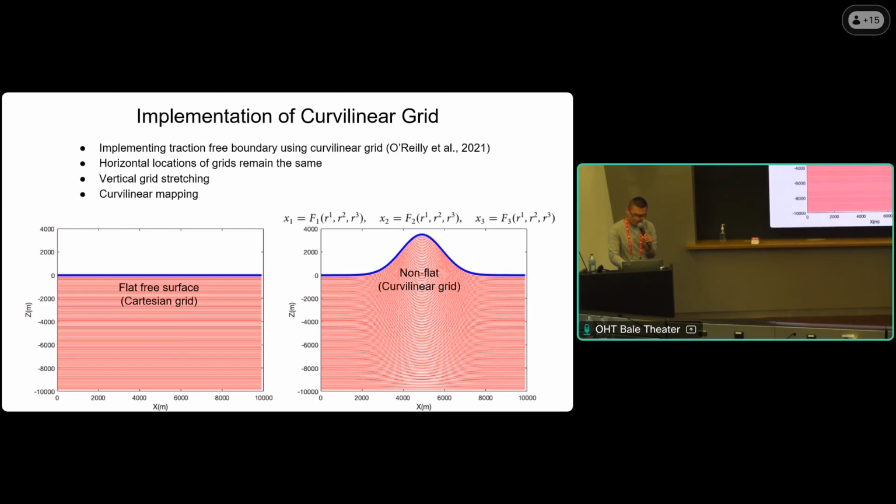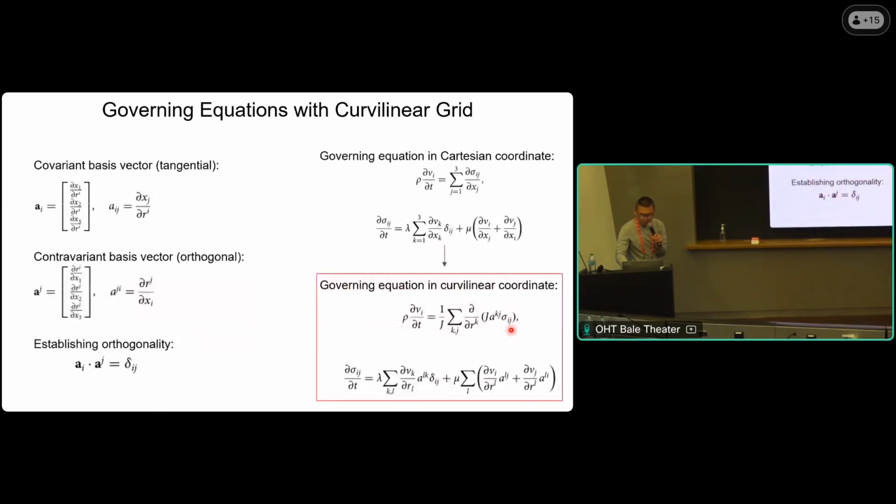But we were talking about curvilinear grids. The basis vectors are no longer x, y, and z. They are defined locally. So the orthogonality is defined locally, and that complicates the governing equation we're trying to solve numerically. So let's look here. We have to define a local basis vector.